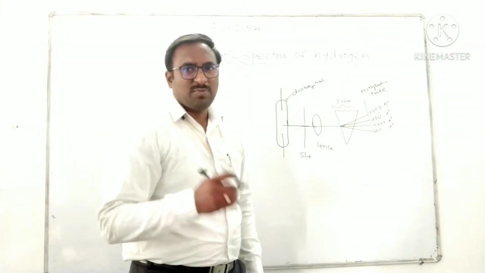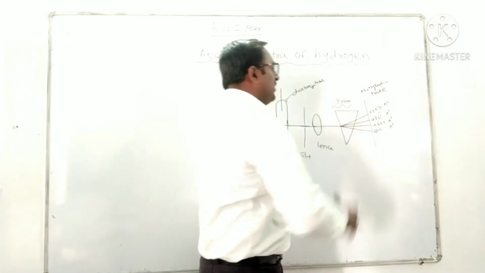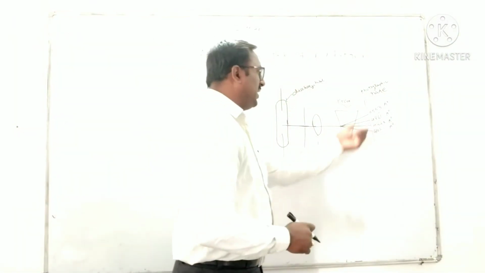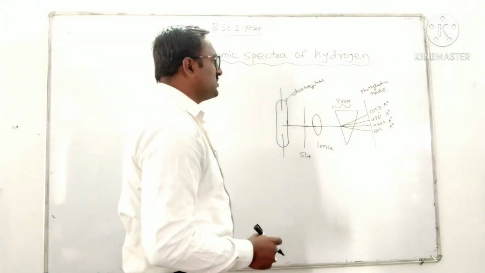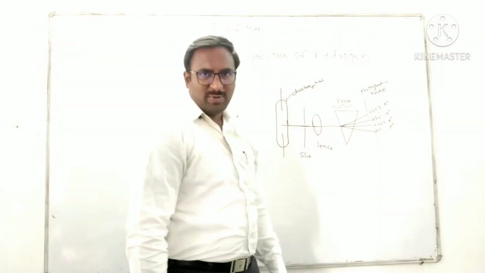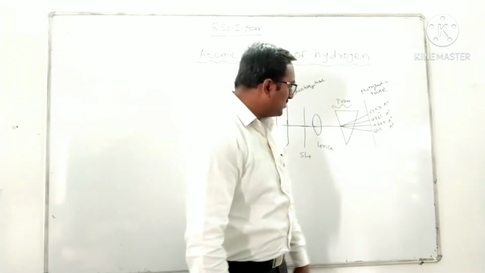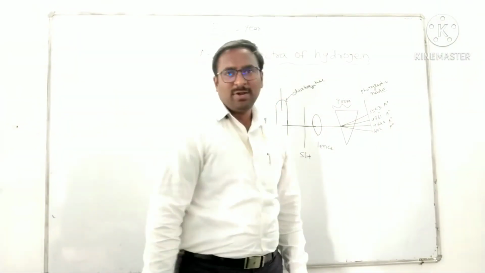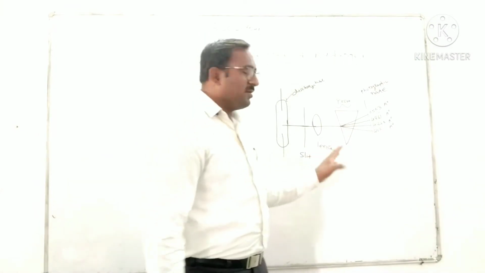The bright lines observed on the photographic plate have wavelengths from 6563 angstrom, or 656 nanometer, to 4102 angstrom unit, or 410 nanometer, isn't it?